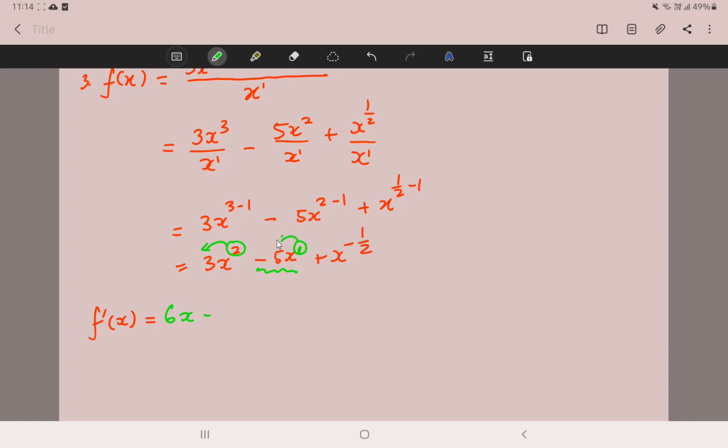So 1 brings in front, negative 5 times 1 is negative 5, so x to the power of 1 minus 1, so x to the power of 0. You need to remember the basic rule that anything to the power of 0 is basically 1, so 5 times 1 is 5.